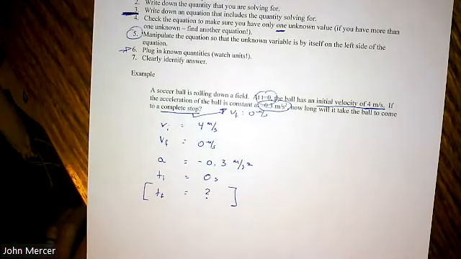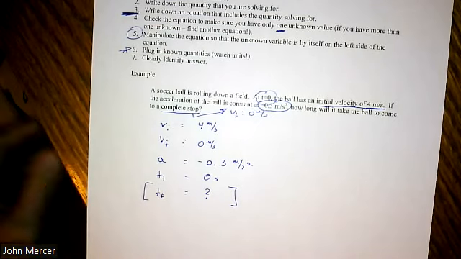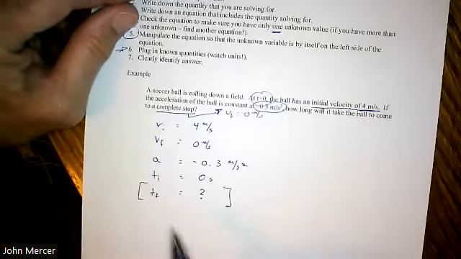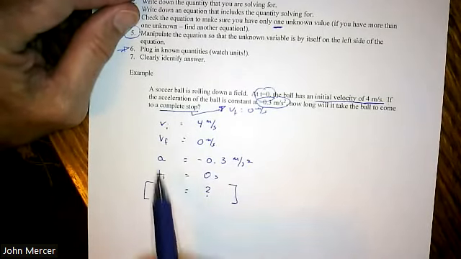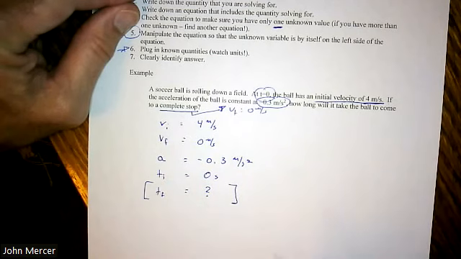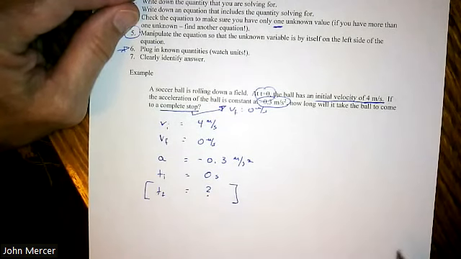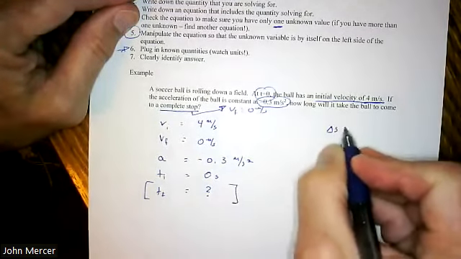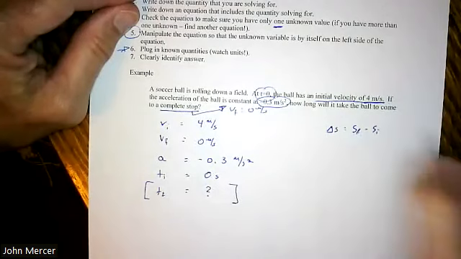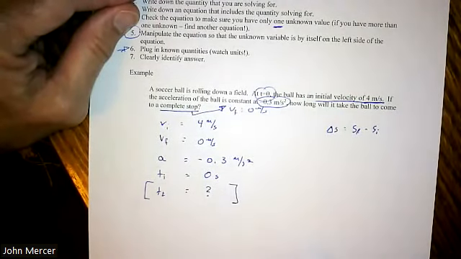Now, what do we do? We reach into our biomechanics toolbox and we identify an equation that has final time in it and all these other parameters as well. All right, as you go through your toolbox, you can look at some and say, oh, that one doesn't work. If we do displacement equals Sf minus Si, well, that doesn't even have time in it.